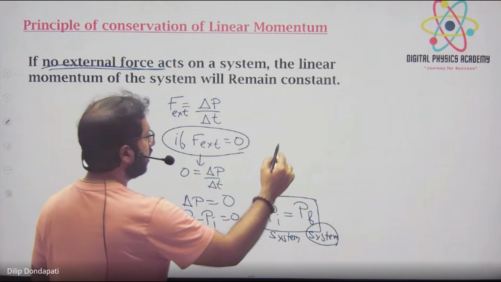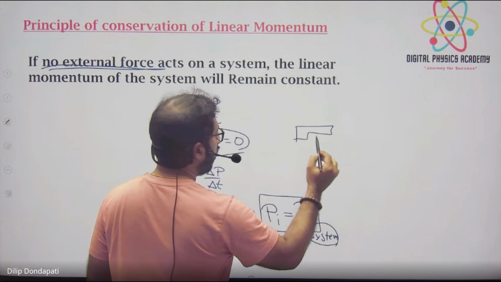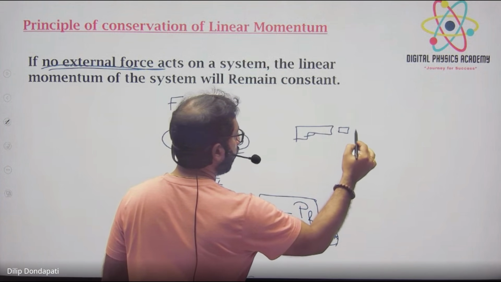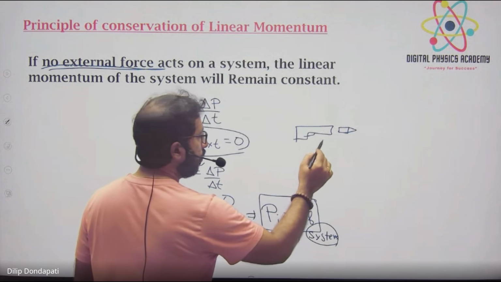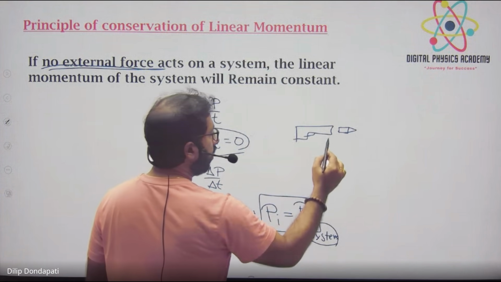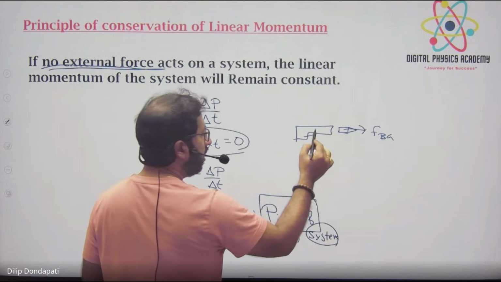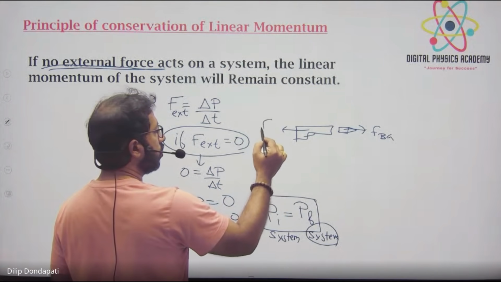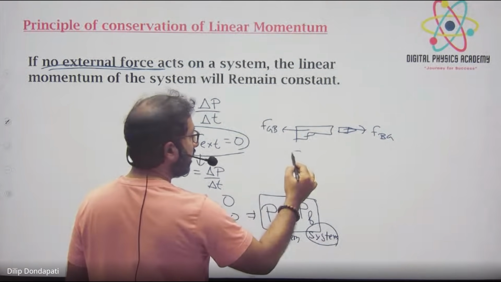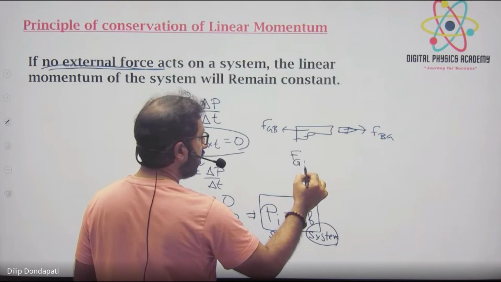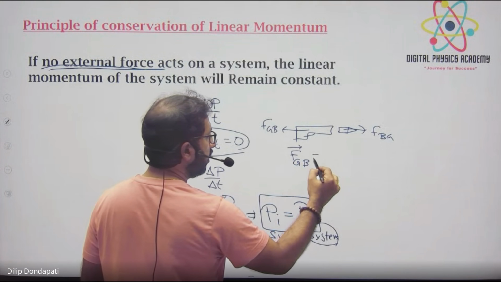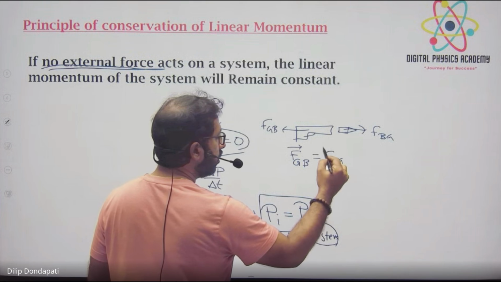So suppose gun is there, bullet is there. If I fire the gun, what will happen? The gun will apply force on the bullet, and at the same instant the bullet also will exert a force on the gun. So they are an action reaction pair, they cancel out each other. Net external force is 0, right?